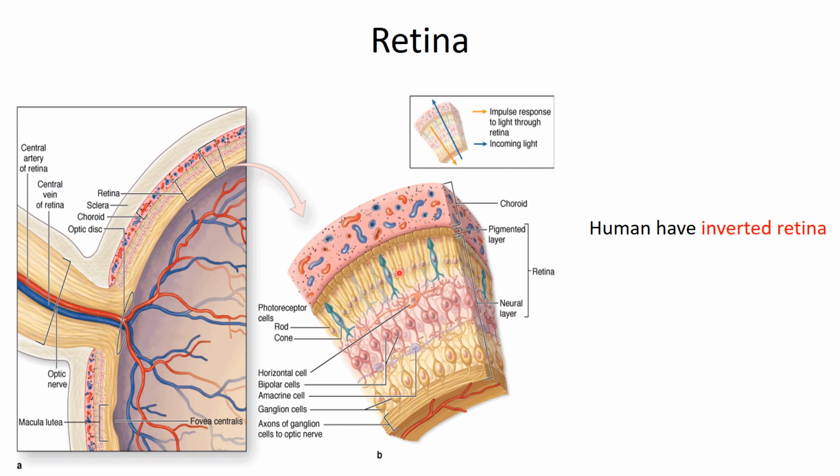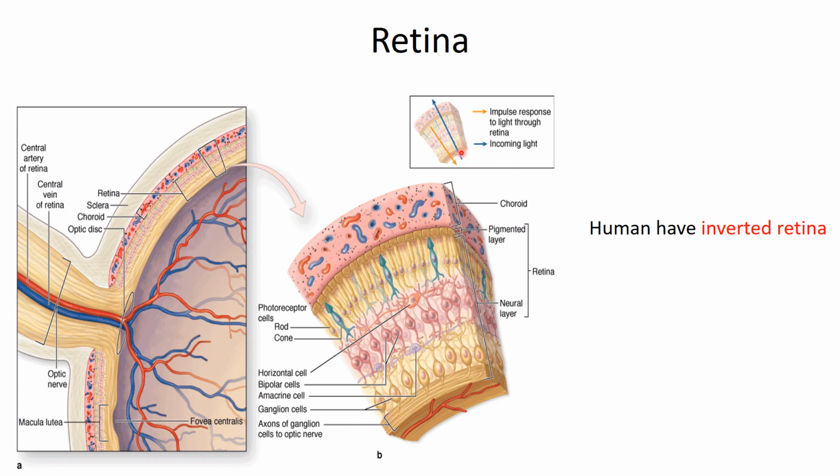They perceive the light, and from this outer portion the impulse goes inward towards the nerve fiber layer, which finally forms the optic nerve. They are the axonal fibers that combine together to form the optic nerve.